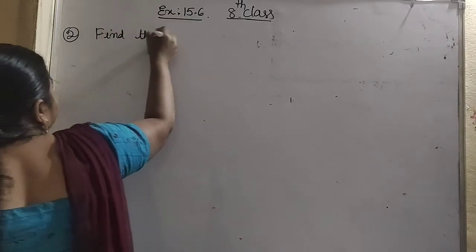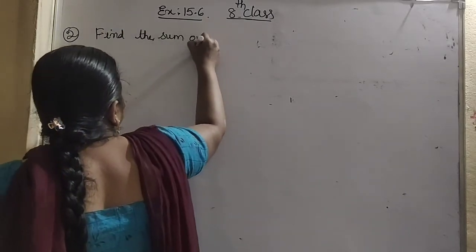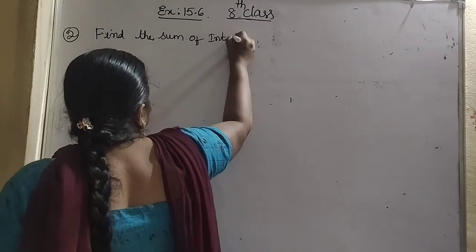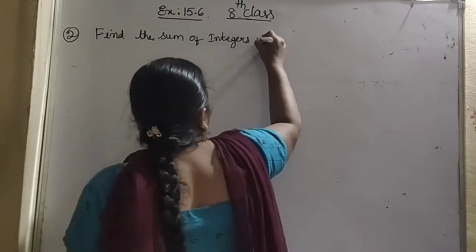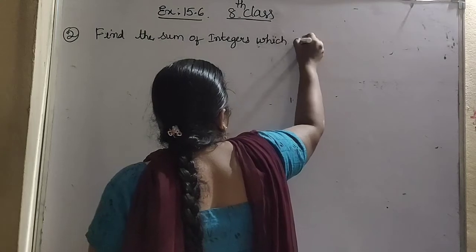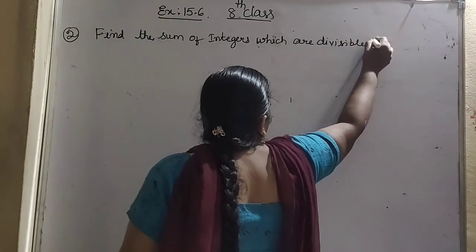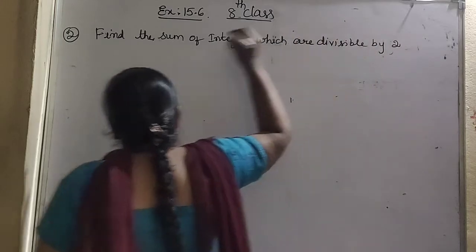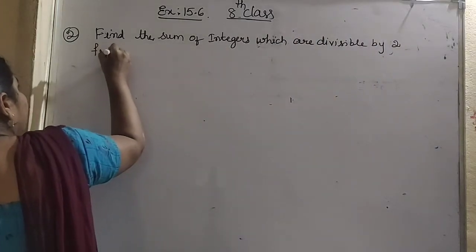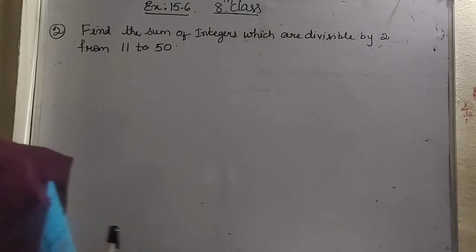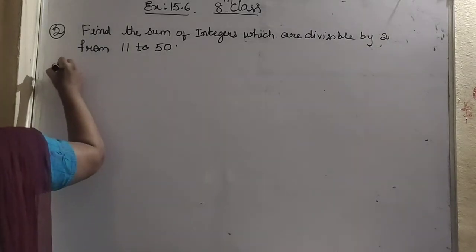find the sum of integers which are divisible by 2 from 11 to 50. So what are the numbers which are divisible by 2?